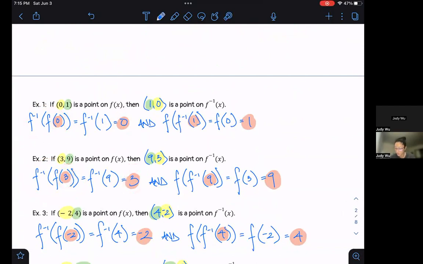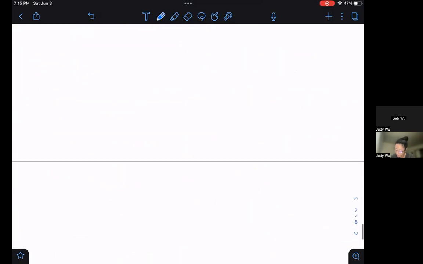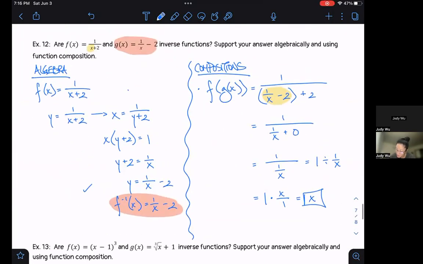We did this with numbers earlier, but now we're saying, hey, if you put x in, you should get x back out, all right? So I like this problem because we can show, using algebra and compositions, 2 ways to find whether something's an inverse function or not, okay?